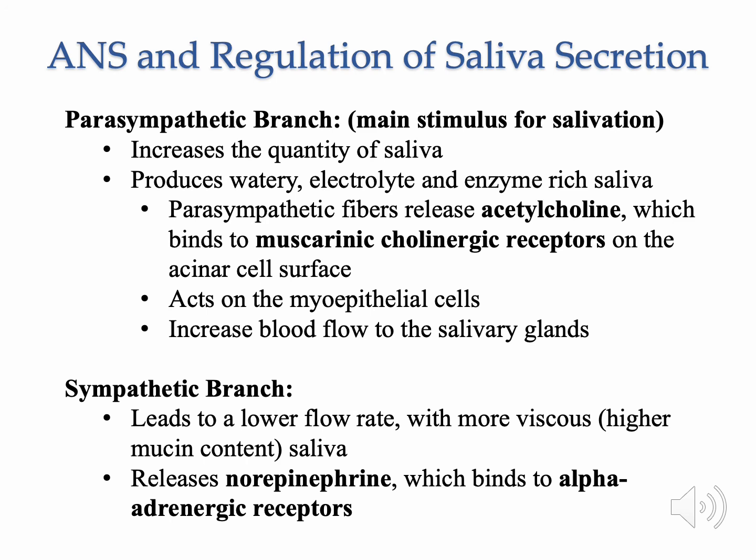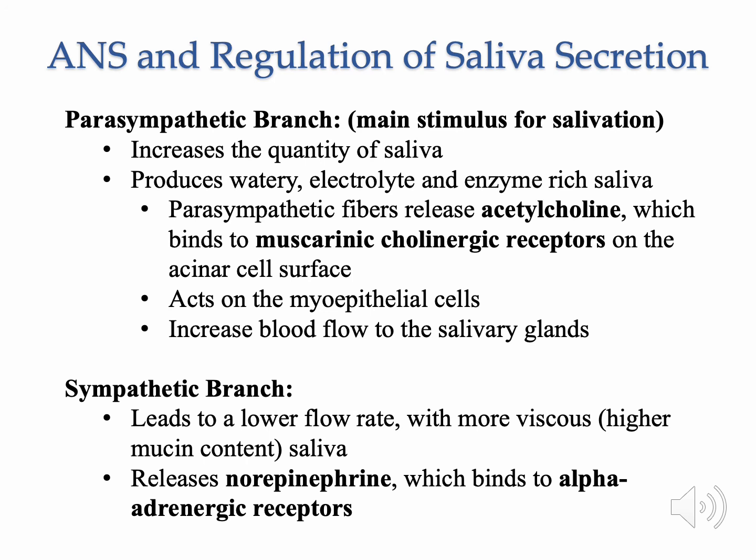And you will recall that the parasympathetic system works via acetylcholine neurotransmitter, which will bind to muscarinic cholinergic receptors on the acinar cell surfaces. So it will bind to our glandular cells producing the saliva.